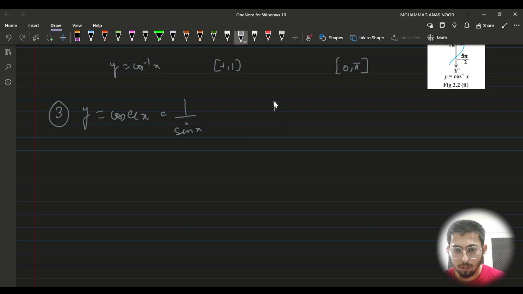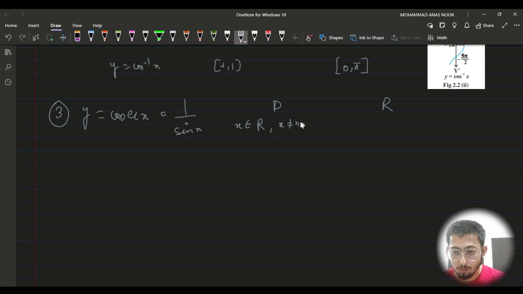What is the domain and range of this? What is the domain of the cosec function? All real numbers except multiples of pi. So all x lying in R, and x should not be equal to n pi.